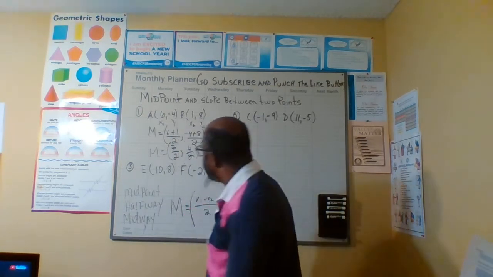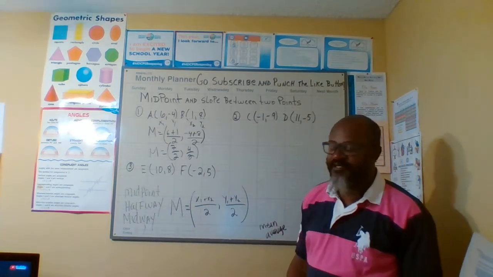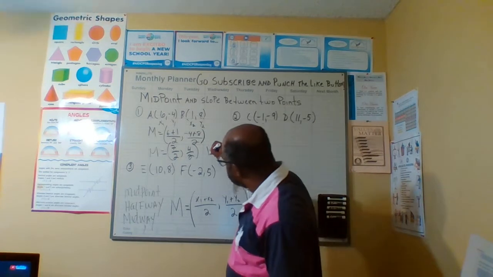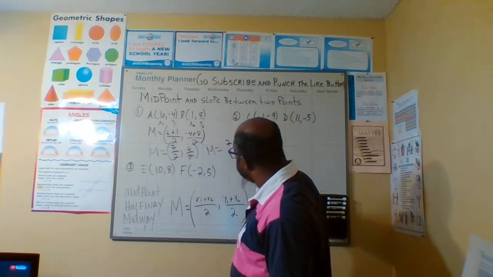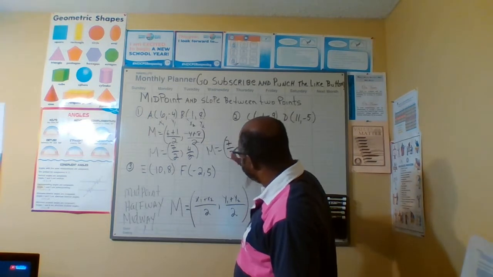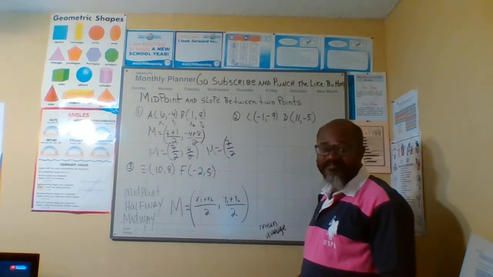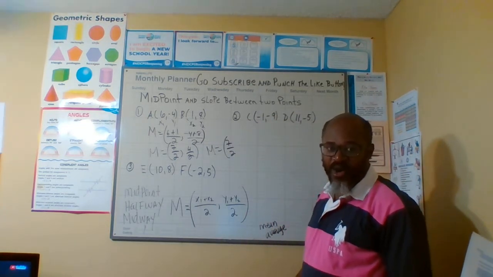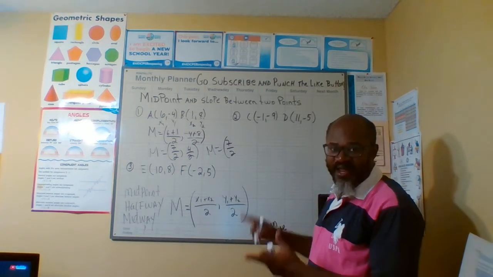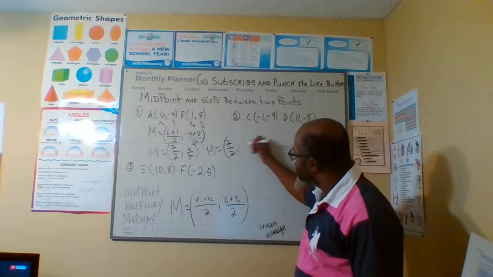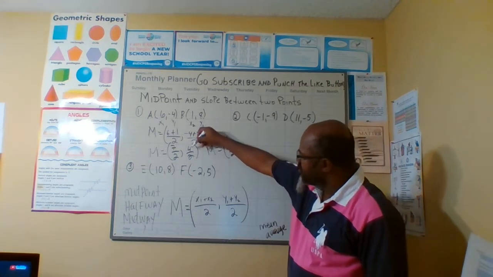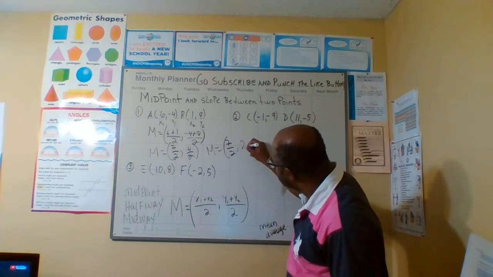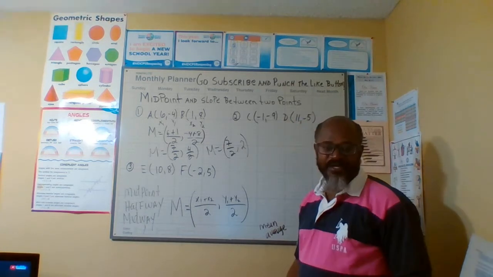You have to simplify it. So in this case, we'll have 7 over 2, or you can say 3.5 or 3 and 1 half. You can leave it as an improper fraction. And how many times does 2 go into 4? 2. Then you're done. That's the midpoint.